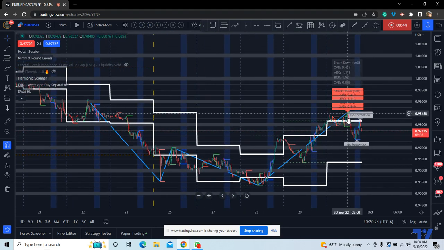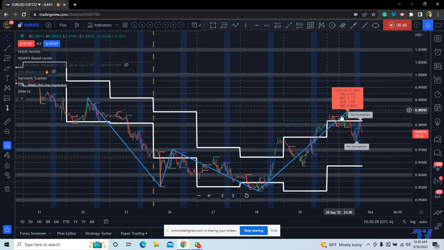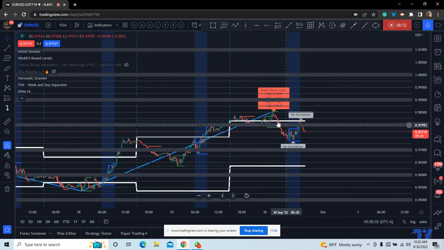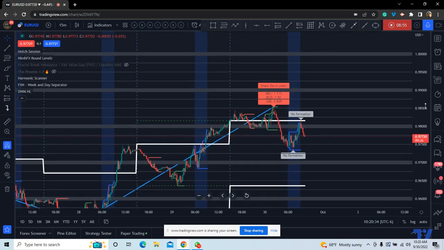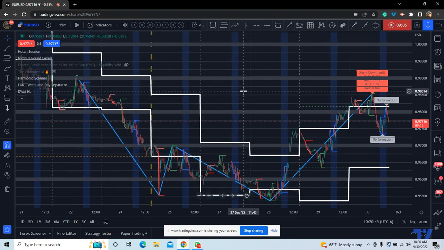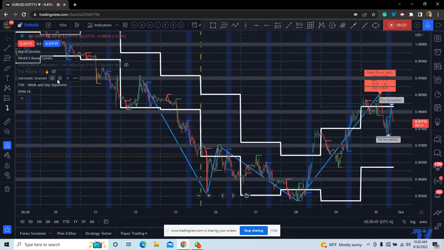So here's one that told you to sell, which was a nice call. The Shark down sell, so it might help you with your directional bias as we move into the sessions. That was a sell for the European session last night. Lovely trade, massive pips, great. So might be useful. So that's the Harmonic Scanner.